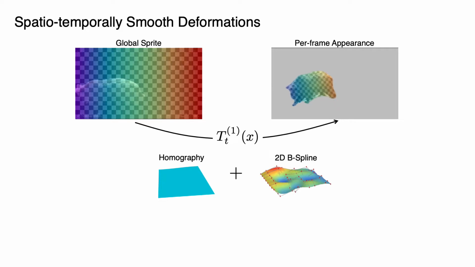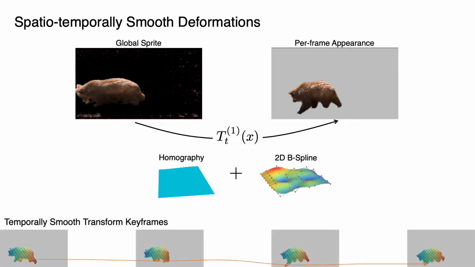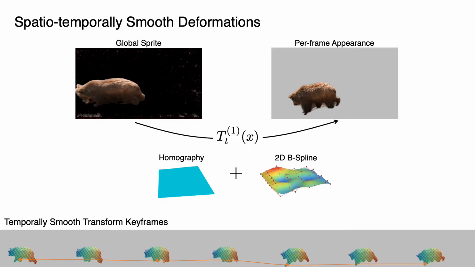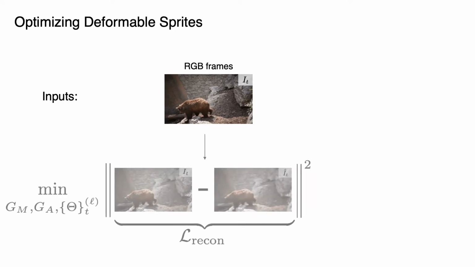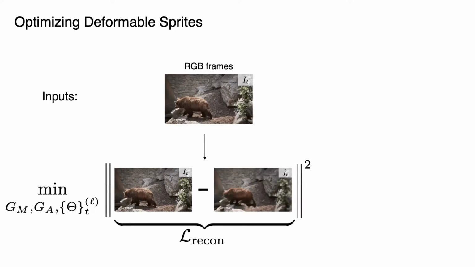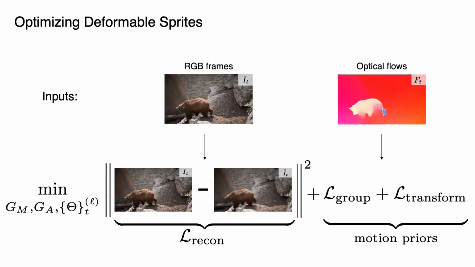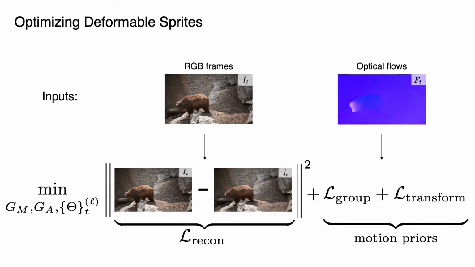We then use this function to remap each layer's appearance from the sprite. We also model the entire video as a temporally smooth trajectory by keeping a small set of keyframes that we interpolate between. We then reconstruct the input frame with our representation and optimize the reconstruction loss. Because this problem is underdetermined, we add motion-based priors to guide the mask grouping and transform fitting. Please see the poster for more details.